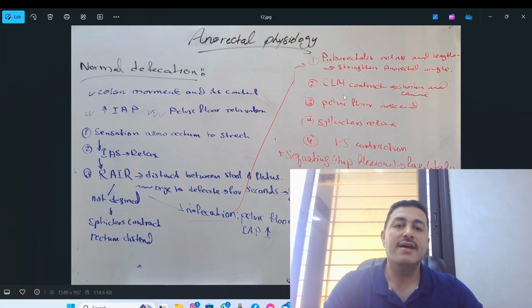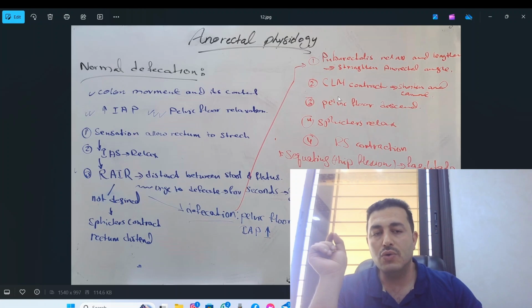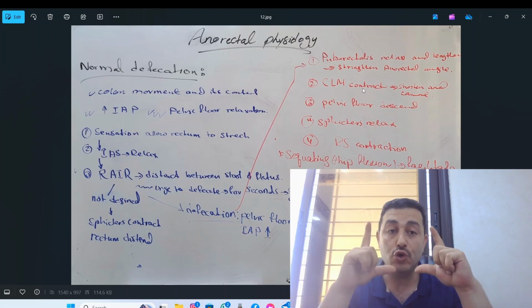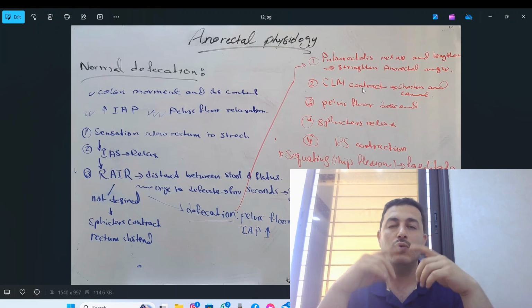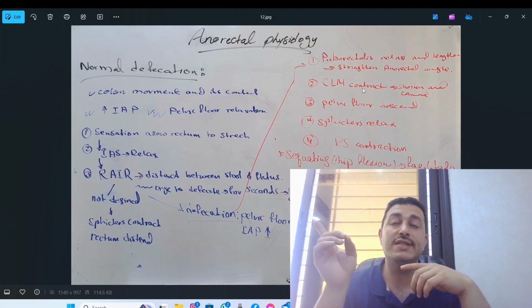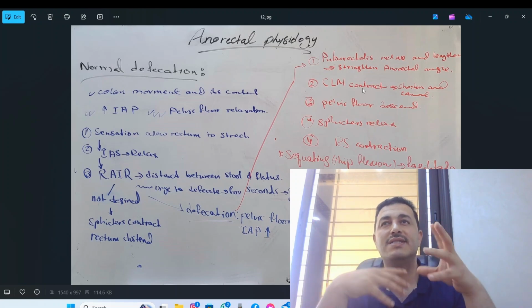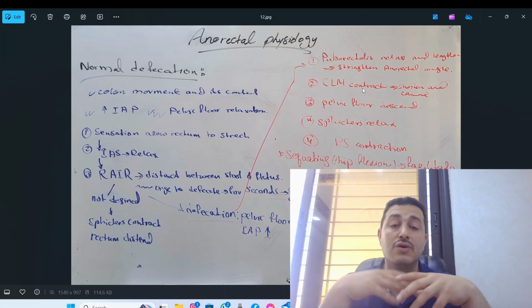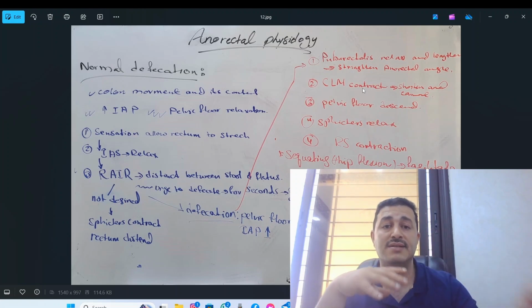Here is a role for the conjoint longitudinal muscle: it contracts, and this will shorten the anal canal. When we talked about the conjoint longitudinal muscle, we said its role is unclear, but it may participate in the continence and the defecation mechanism.